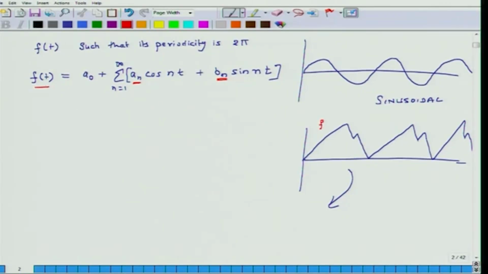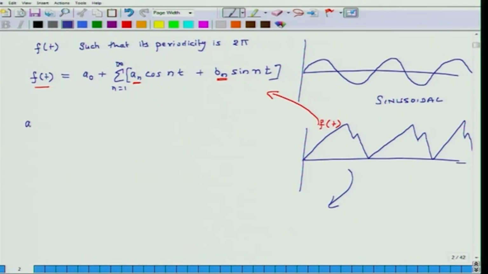This is my f of t, and I want to convert it into this form. That is my goal. So the form is already there. If I can figure out the values of a naught, a n and b n, then that transformation is complete. So we will figure out how to calculate the values of a naught, a n and b n.